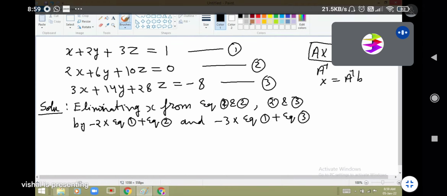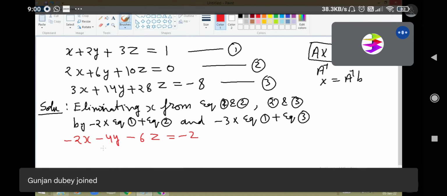So let's do it. Equation number 1 is x plus 2y plus 3z equal to 1. We multiply equation number 1 by -2. So this is -2x minus 4y minus 6z is equal to -2. And then plus equation number 2.